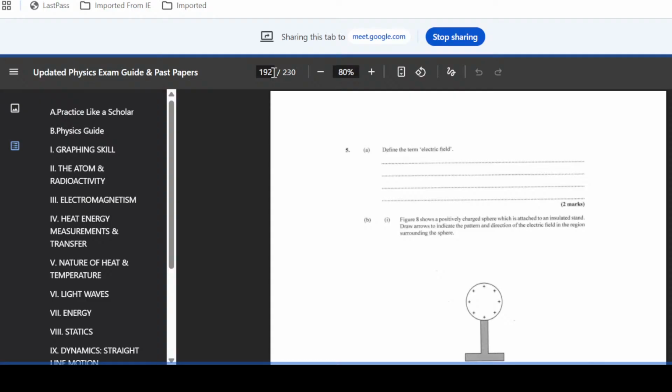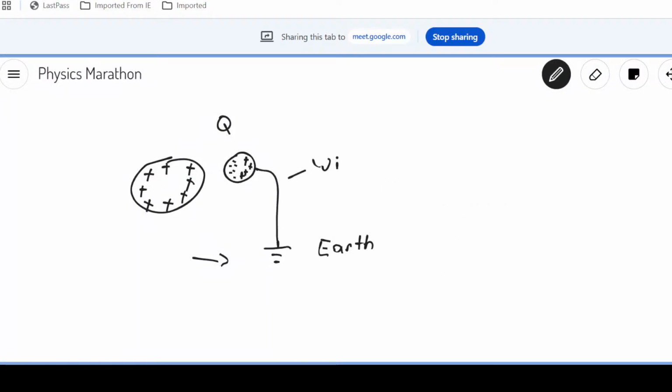All right. So now we have a wire that's being used to connect Q to Earth. So if it's neutral, what would neutral mean in terms of the charged particles that are there? Wouldn't it just mean that we have positive and negative, so evenly distributed.